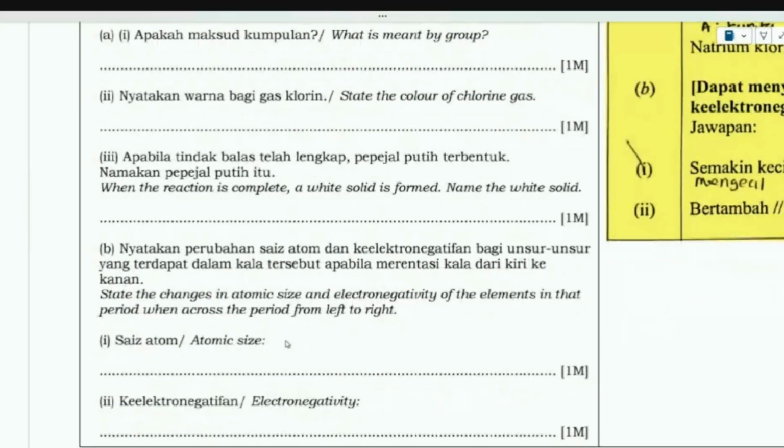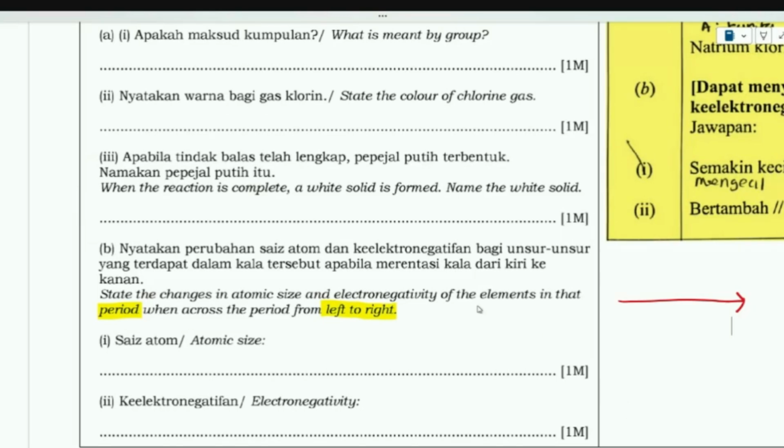Okay. Now, the change of atomic size and electronegativity across the period, from left to right. That we discussed already, right? First one, atomic size. What happens to the atomic size, class? Bigger, or if not bigger, then smaller.